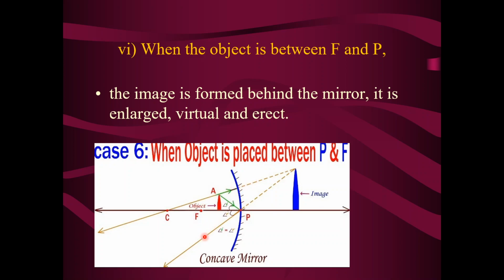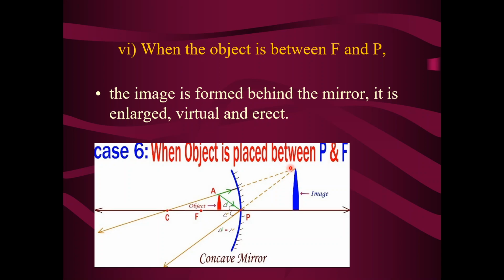Now these two rays, यहाँ in front of the mirror, they are not appearing to meet, they are going far away from each other. It means the image will not form in front of the mirror, but when you are extending these rays, they appear to meet at this point, meaning this is the image point. So where is the image formed? Behind the mirror. अभी फिगर में देखा था हमने, है ना, when the object is placed very near to the mirror it forms a virtual and erect image.